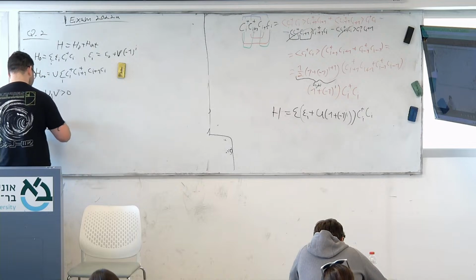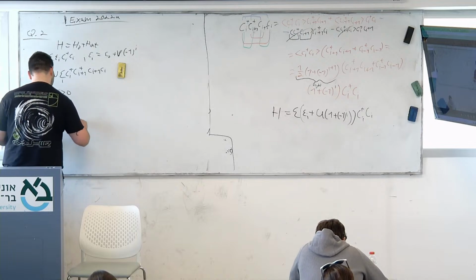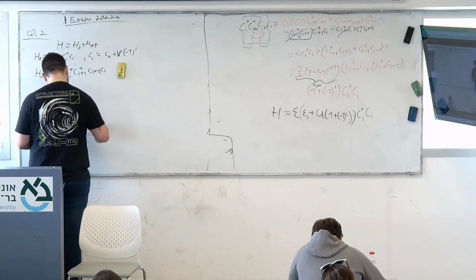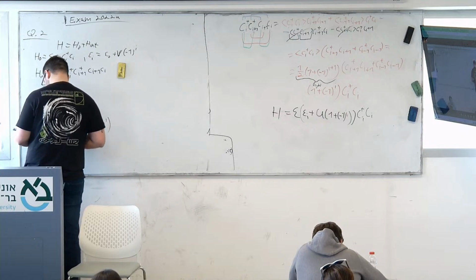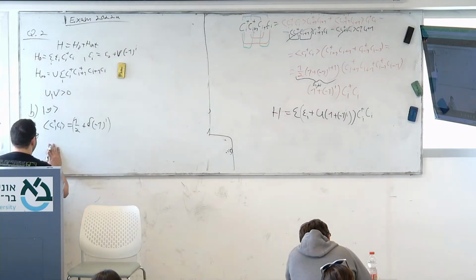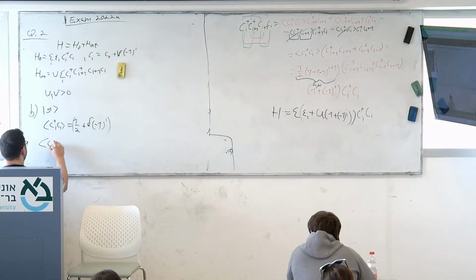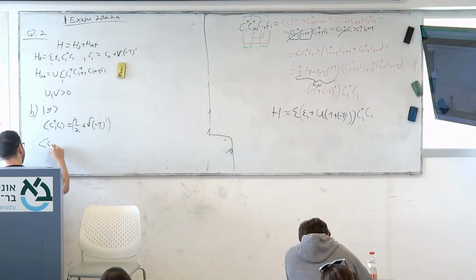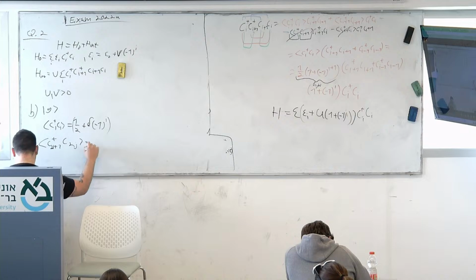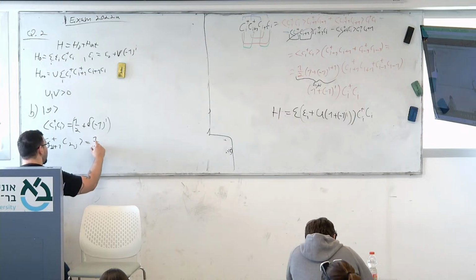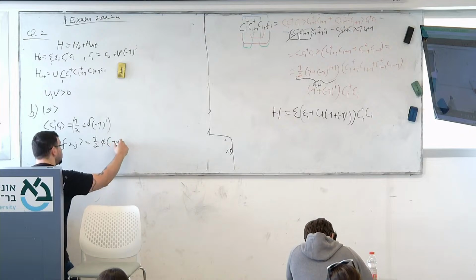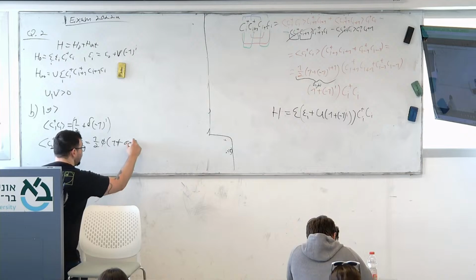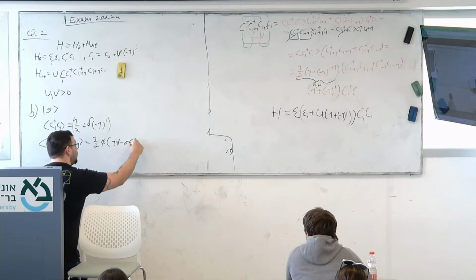First of all, Ci dagger Ci equals 1 over 2 times 1 plus delta of minus 1 to the power of I. And C2J dagger C2J equals 1 over 2 times 1 plus delta of minus 1 to the power of J.